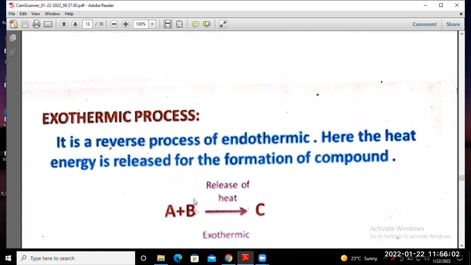For water decomposition, H2O breaks into hydrogen and oxygen, and hydrogen plus oxygen combine to form water.